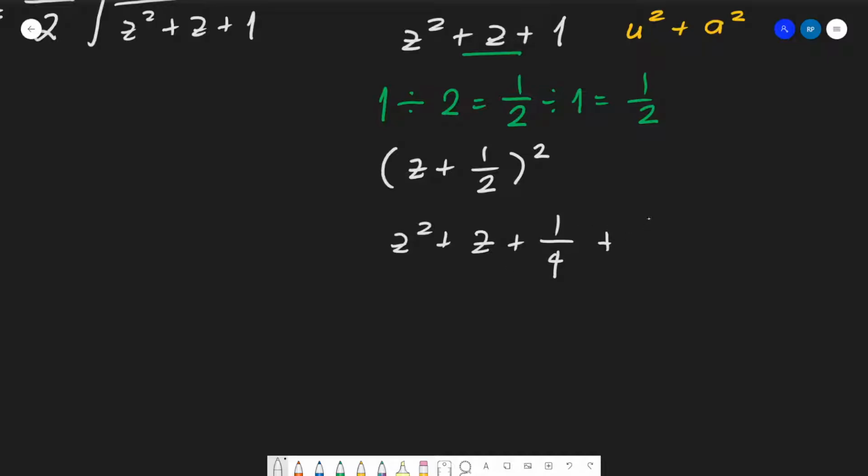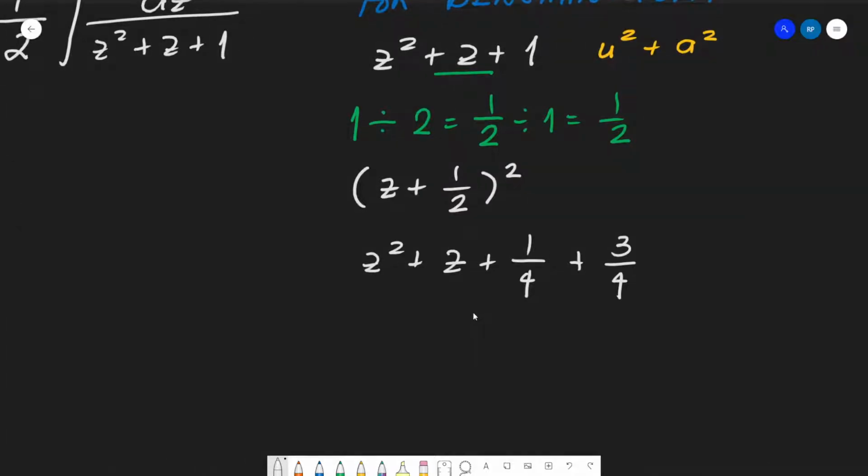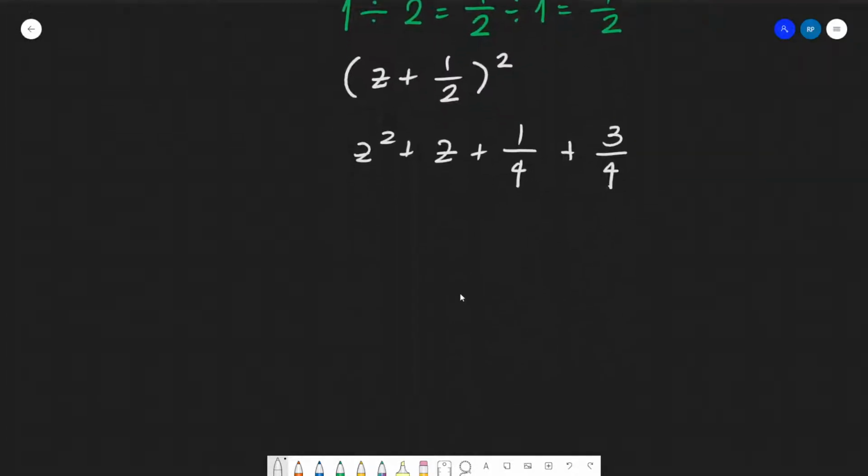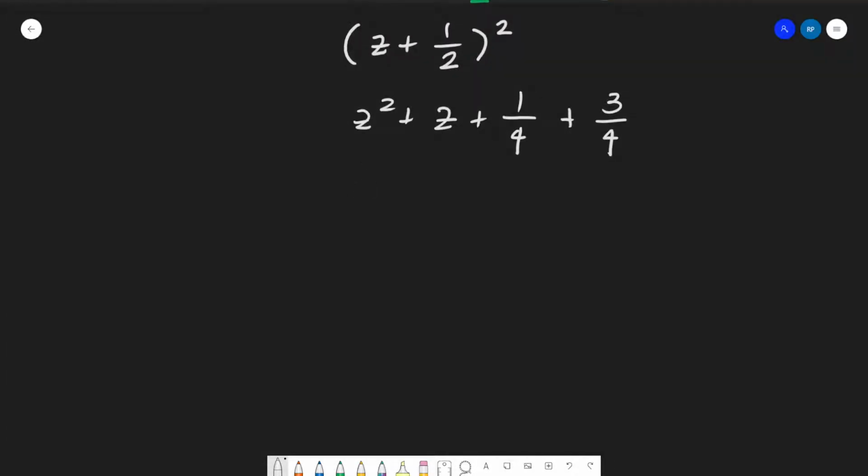So mag-a-add tayo ng 3/4. So to simplify, yung z squared plus z plus 1, this is equivalent to quantity z plus 1/2 squared, plus 3/4. Now, we have our u squared here, no?